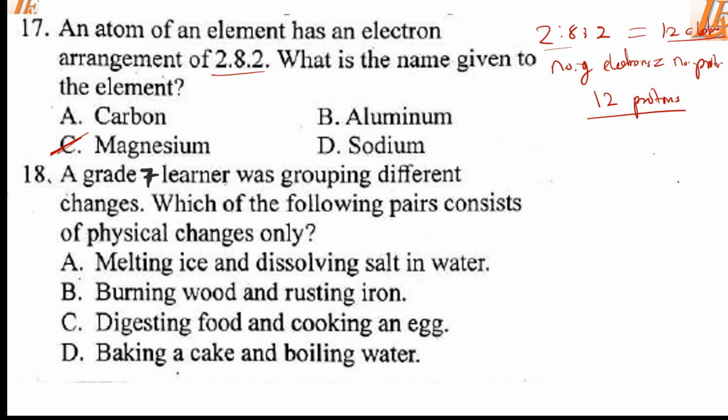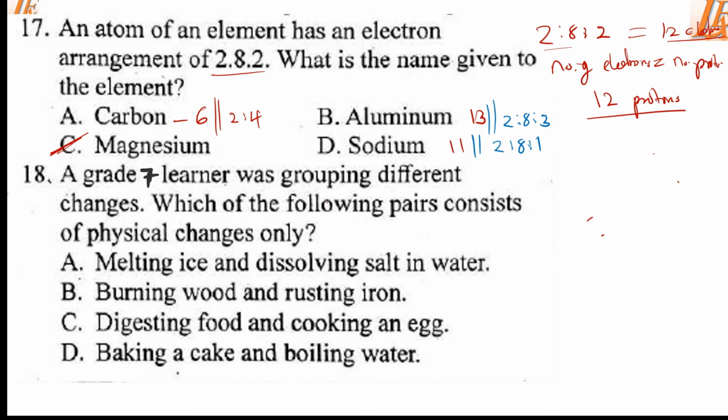For carbon, the atomic number is 6, electron arrangement 2, 4. For aluminium, the atomic number is 13. Electron arrangement for magnesium is 2, 8, 2. Sodium is atomic number 11, and the electron arrangement of sodium is 2, 8, 1.